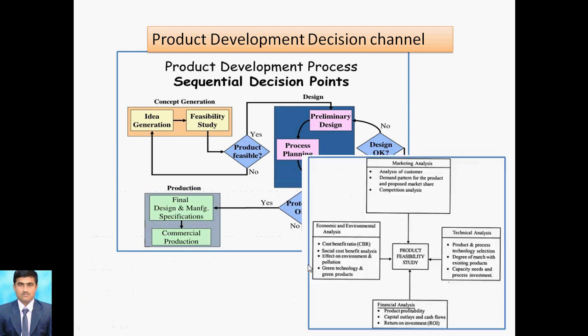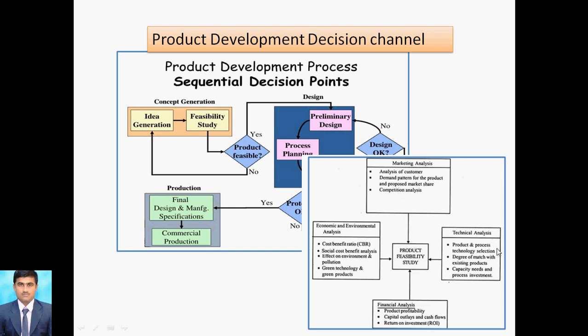Now we will enter into the feasibility study. As we know, a feasibility study involves marketing analysis, technical analysis, financial analysis, and the last one is economic and environmental analysis. So this type of evaluation is carried out in a feasibility study. In marketing analysis, we analyze the customer, then we decide the demand pattern, then we go for competition analysis.